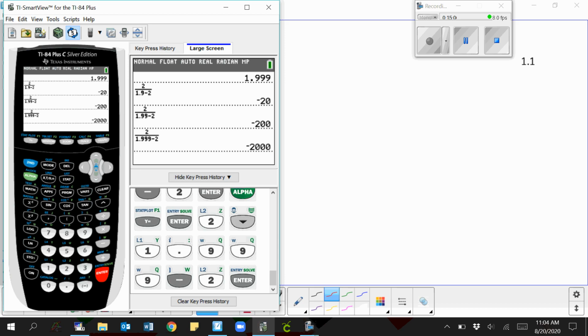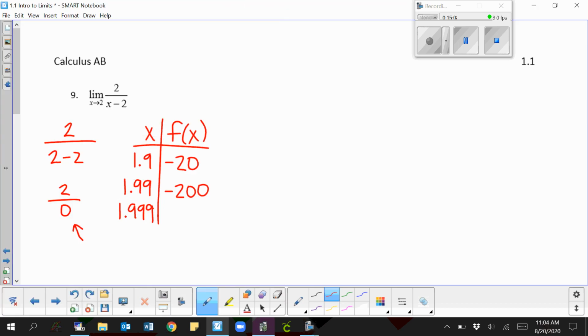That gives us negative 2,000. So when we're looking at this one, our x values are getting closer and closer to 2, but our y values are just getting bigger and bigger and bigger. So our y values are getting closer and closer to negative infinity. They're just going to keep getting bigger and bigger.